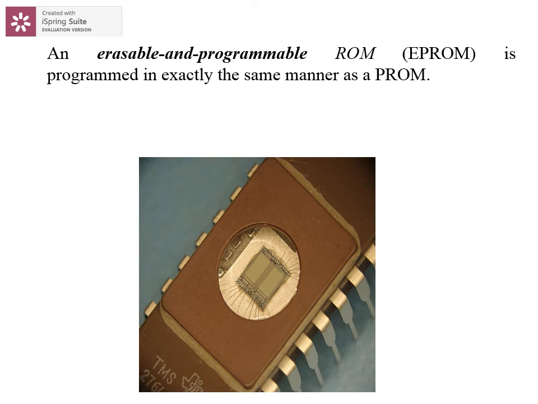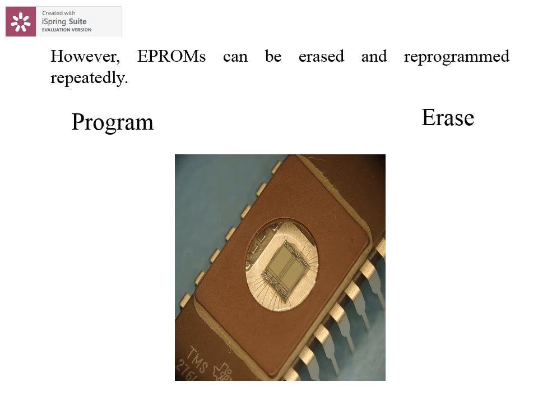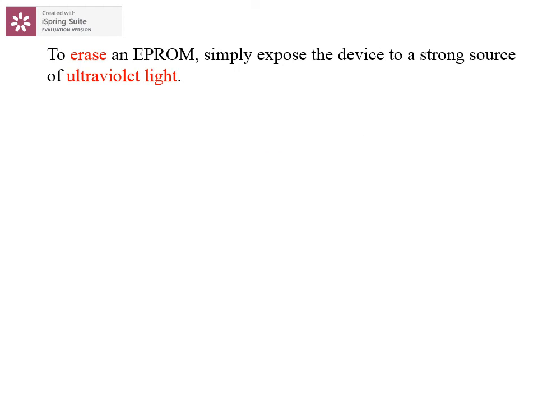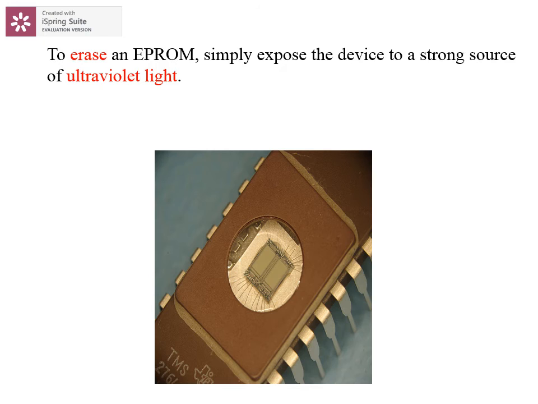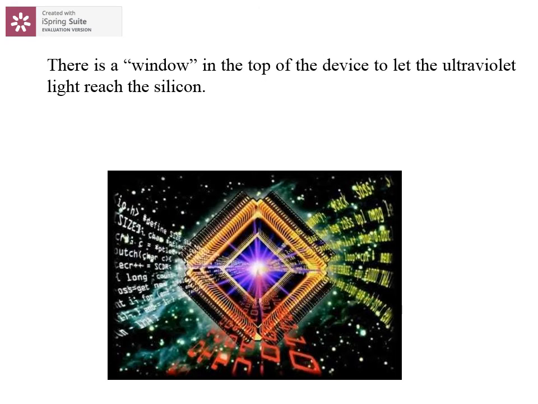An erasable and programmable ROM is programmed in exactly the same manner as a PROM. However, EPROM can be erased and reprogrammed repeatedly. To erase an EPROM, simply expose the device to a strong source of ultraviolet light. There is a window in the top of the device to let the ultraviolet light reach the silicon.